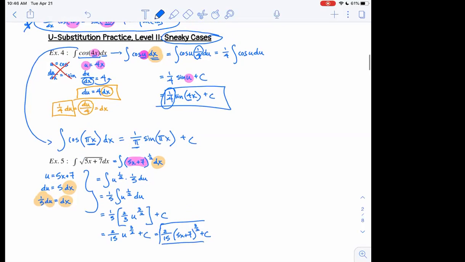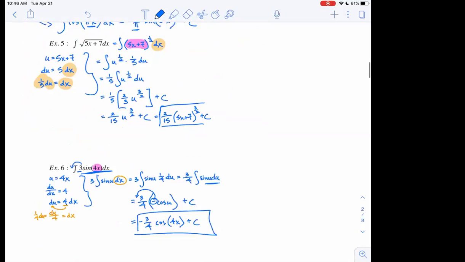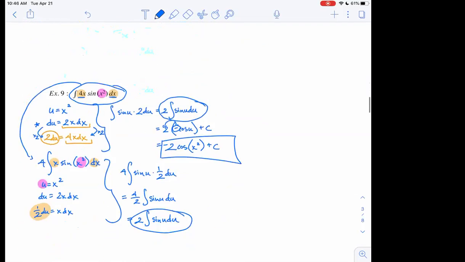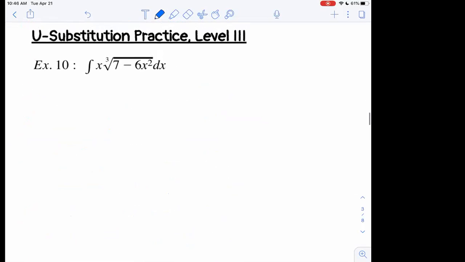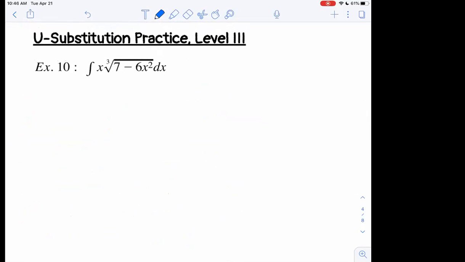That's why I was calling those the sneaky cases. They're not necessarily hard to find the u, but you have to remember to do it, okay? So let's take a look at example number 10, and that'll start off our level 3 practice.